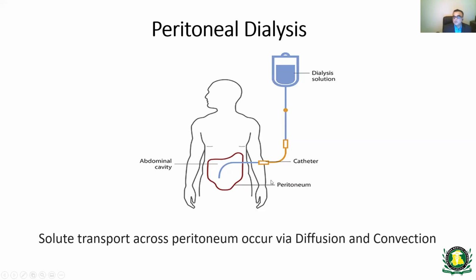When the fluid is drained out, some of the toxins and extra water also come out, and then you repeat the cycle.